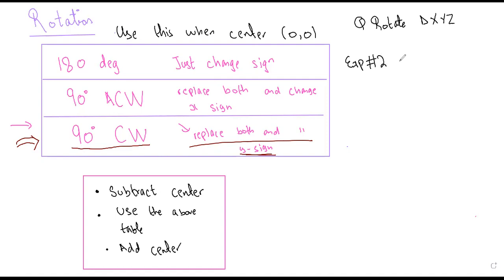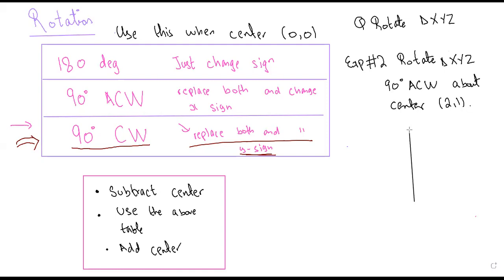This time around, the center would not be 0, 0. Rotate the triangle XYZ 90 degrees anti-clockwise direction about the center 2, 1. Okay. Now this is the question. Let me just quickly make the diagram. This is the last thing for today. Please focus on this. Try understanding this. This is important.